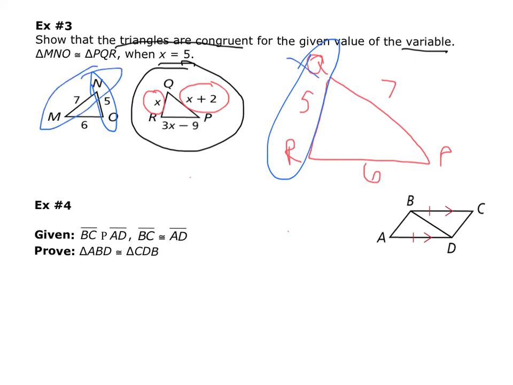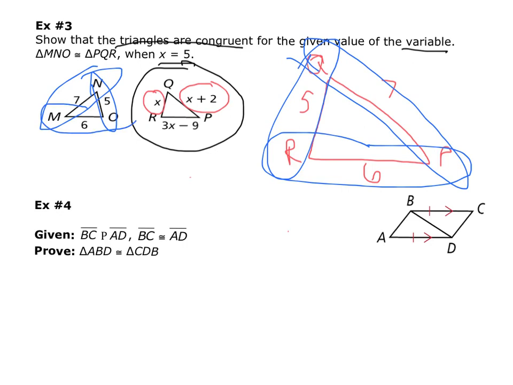Well, you can see that both of them are 7. And then the last ones that are similar are going to be RP and MO. Well, you'll notice that both of those are 6. So all three sides are congruent, so you know that these triangles are congruent by SSS. Okay, we have 3 sets of congruent sides, so we know that they are congruent by SSS.